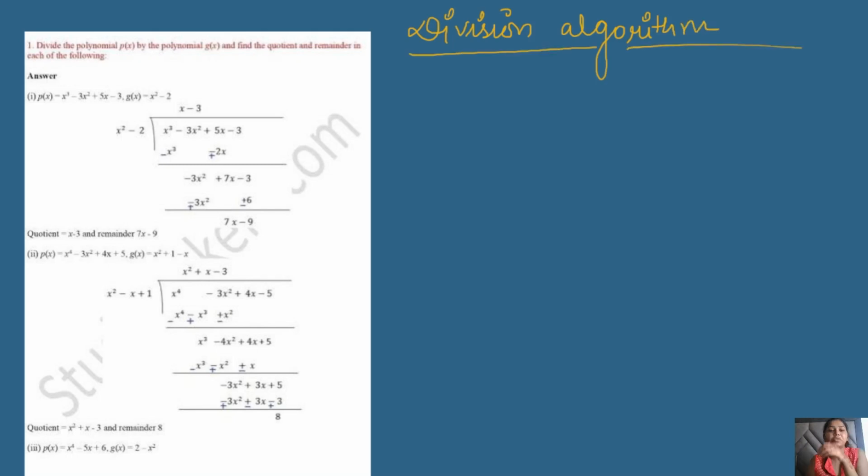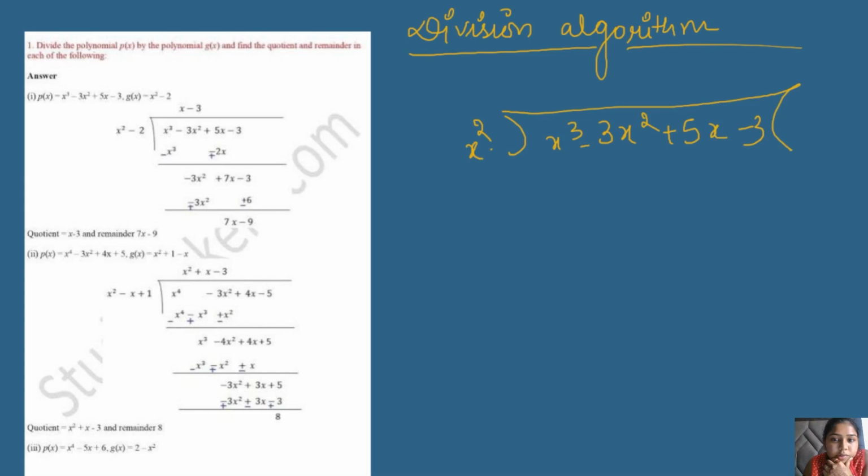So you will draw the bracket like this. You will put this term inside after arranging, and this is already arranged as we can see, and here we are writing like this. So we divide by this, we will be getting this and this. By the elimination process we just change the signs.